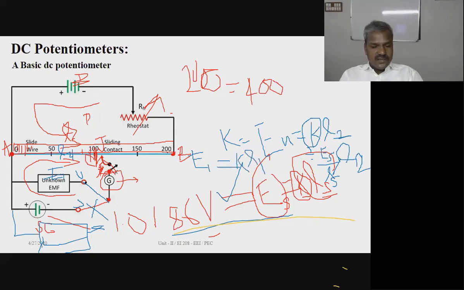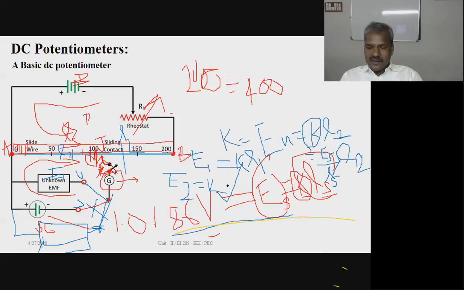Then switch over to this other unknown position. Now connect from here to the galvanometer position. Move the jockey until you get zero deflection in the galvanometer. Note down the length L2. So E2 equals K into L2, the same K. K is the potentiometer constant, voltage per centimeter.